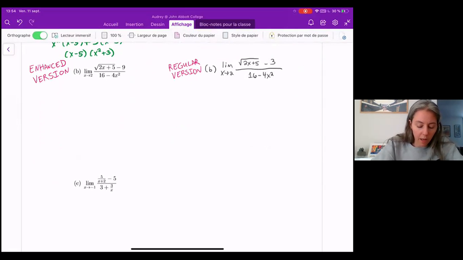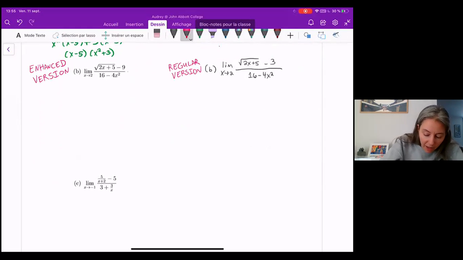So the first thing is that when I have the limit as x approaches 2 of (root of 2x plus 5 minus 9) over (16 minus 4x squared), when I plug in, root 2x plus 5 gives the square root of 9, minus 9, over 0, which is 3 minus 9 over 0, which is negative 6 over 0. So anyway, plugging in therefore results in negative 6 over 0, not 0 over 0.